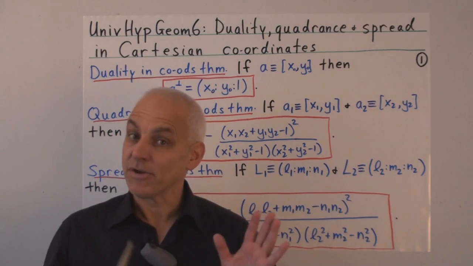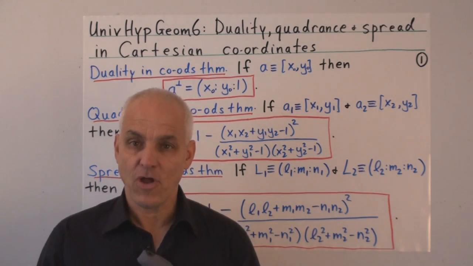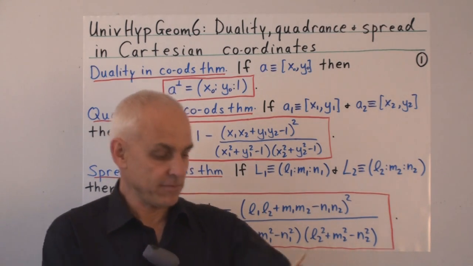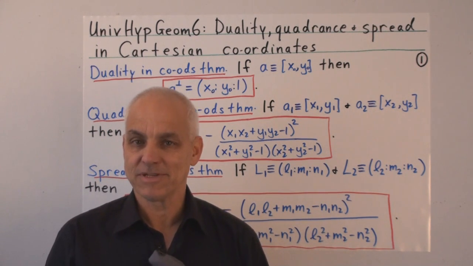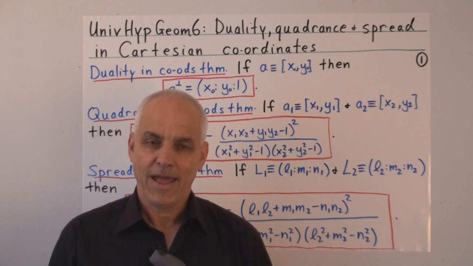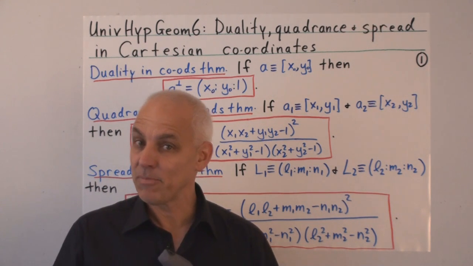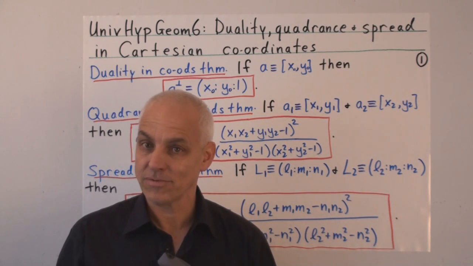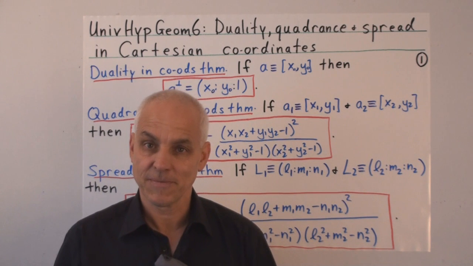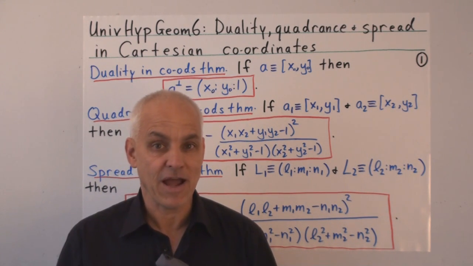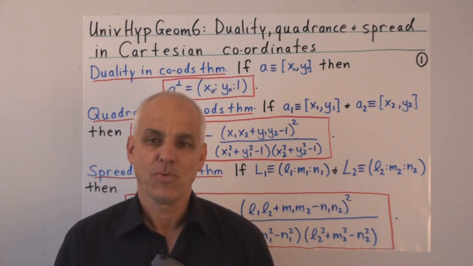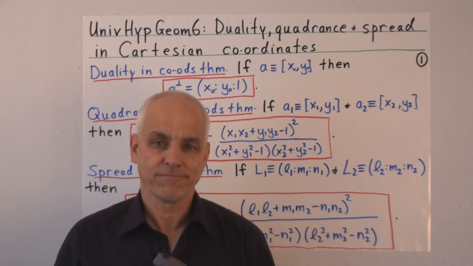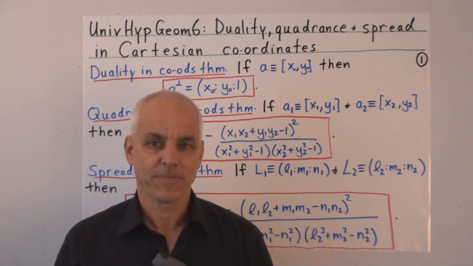Now there are a few things to say about today's lecture. First of all, we are going to have to roll up our sleeves. I've got my sleeves rolled up. And we're going to have to make some calculations. There are going to be some pleasant, sort of surprising simplifications, which are typical of the kinds of algebra that appear in hyperbolic geometry in this framework. So we are going to have to do a little bit of crunching with algebra.